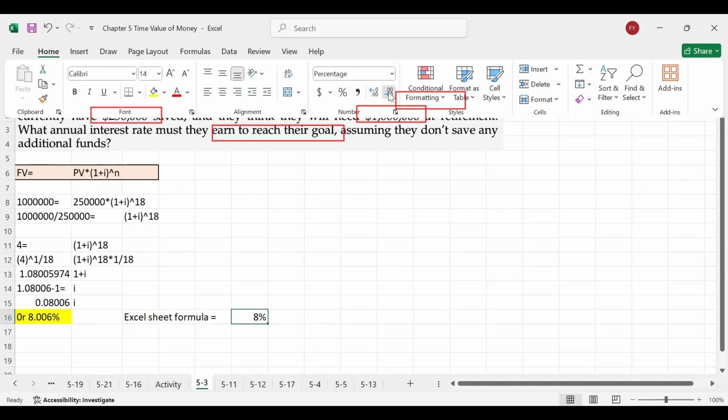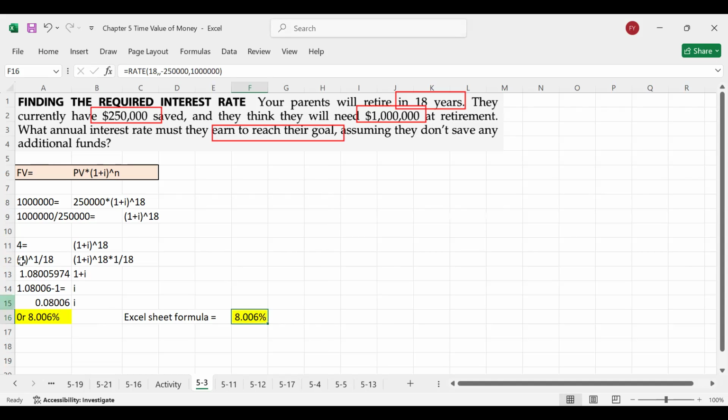We can write it down here. So you can also calculate it via Excel formulas, whereas this is the manual procedure that can be done on your calculators. So here is the answer of problem 5-3.